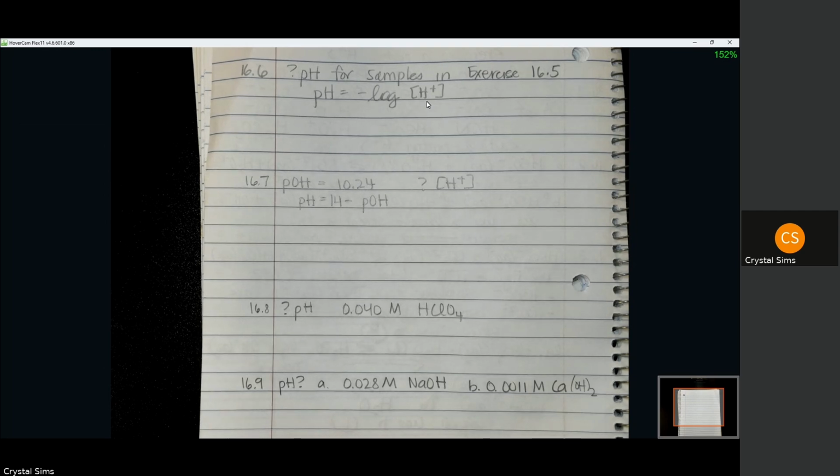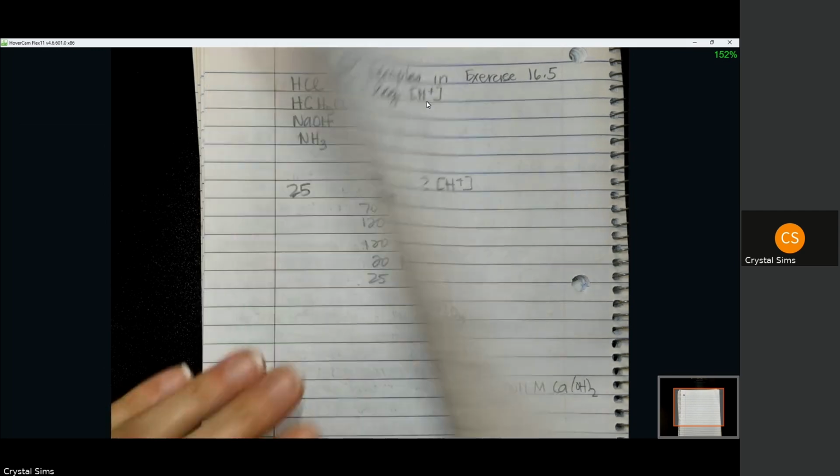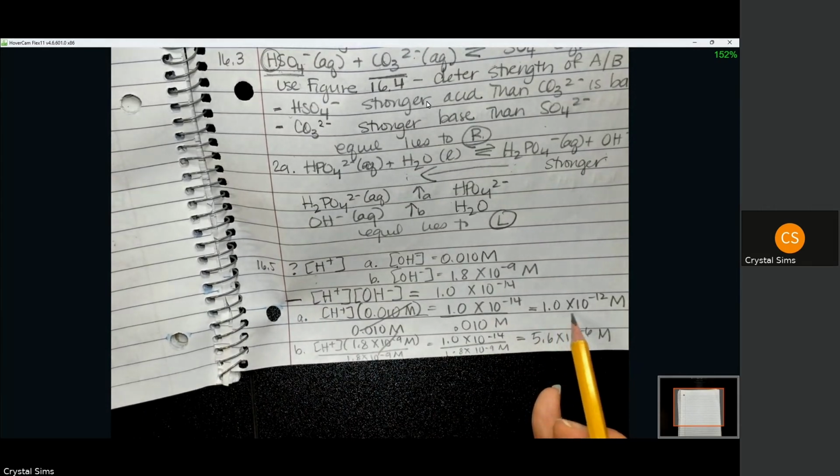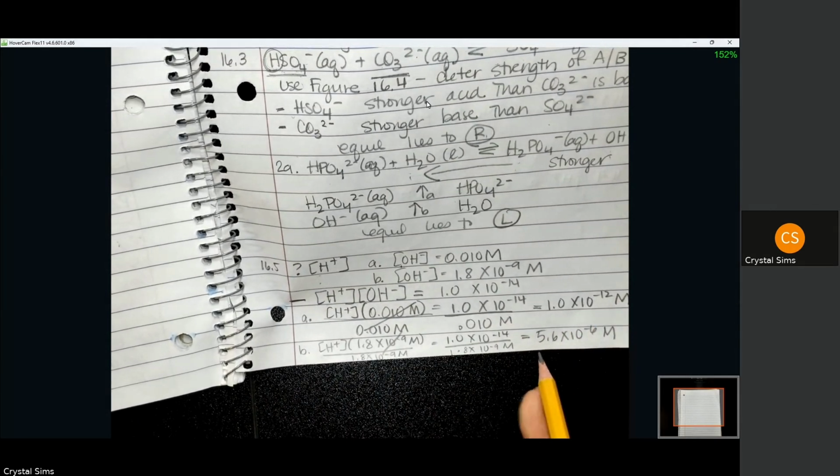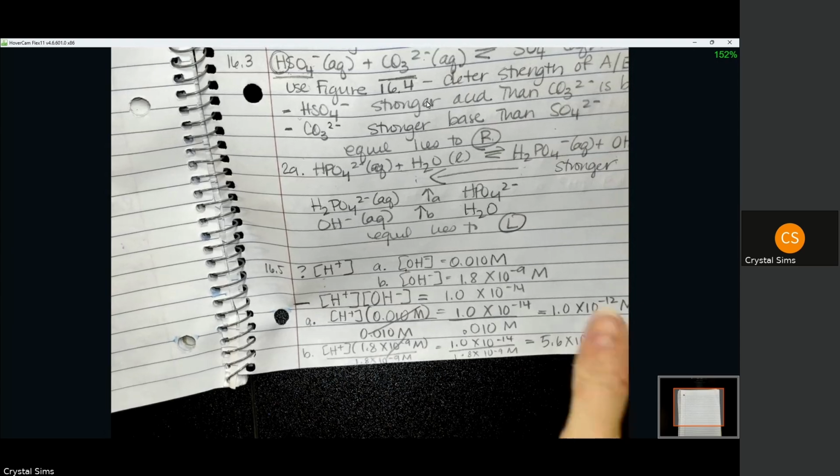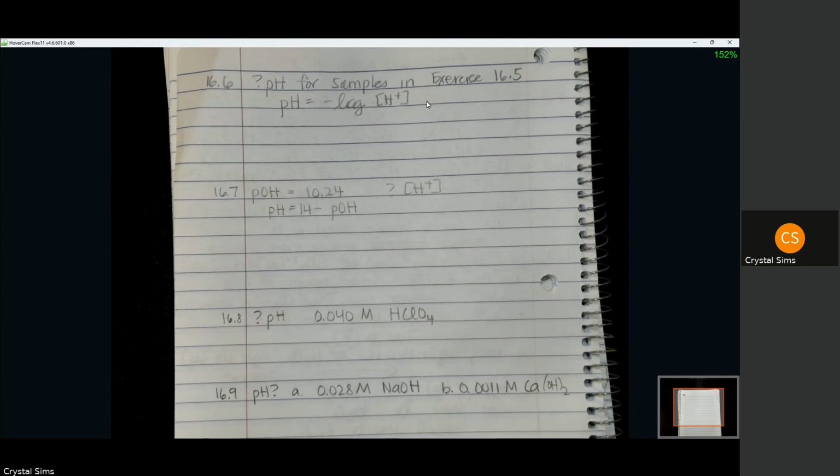When I look back to what those hydrogen ion concentrations were that I calculated, part A was 1.0 times 10 to the negative 12, and then B was 5.6 times 10 to the negative 6. So all I have to do in exercise 16.6 is just plug that in.